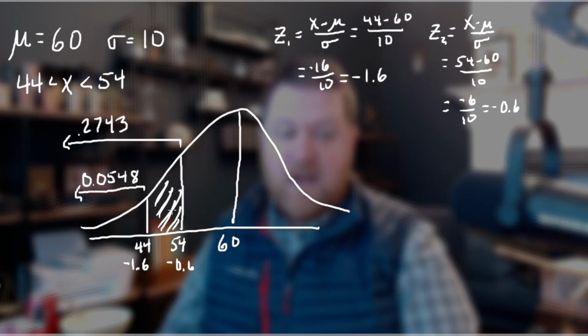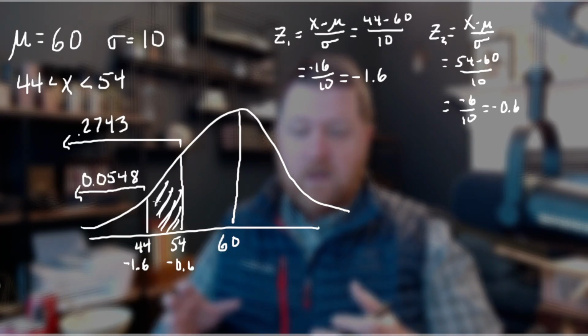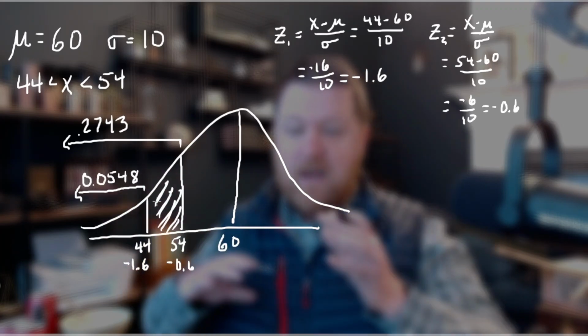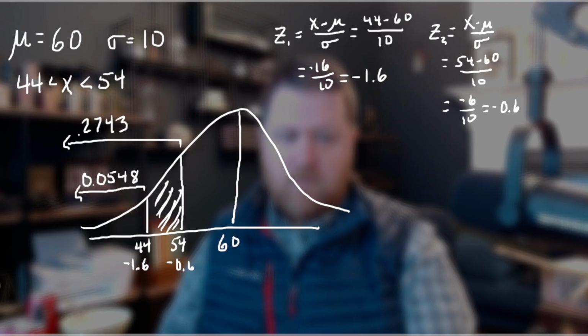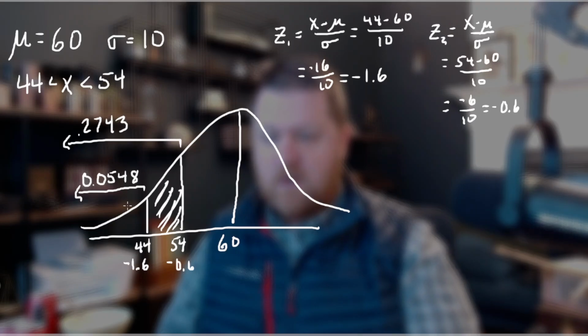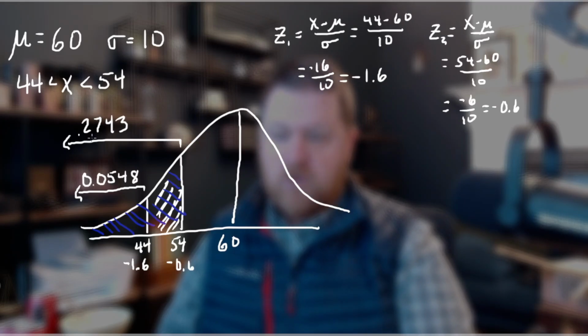So we want to find the area in between. We're going to do similar to what we did earlier: take the total area minus the area we don't care about. We know this total area here is 0.2743.